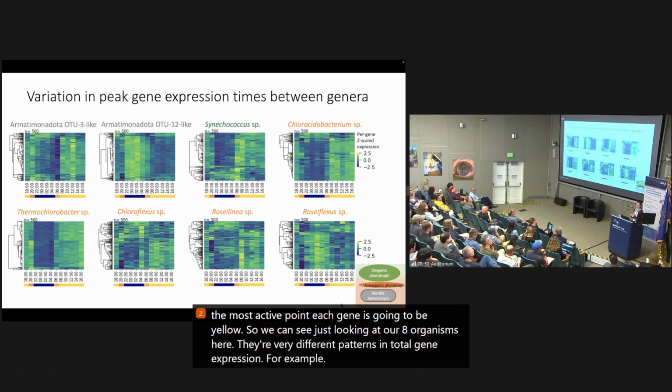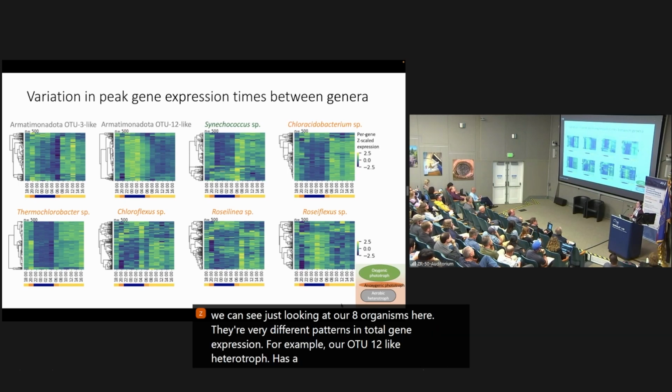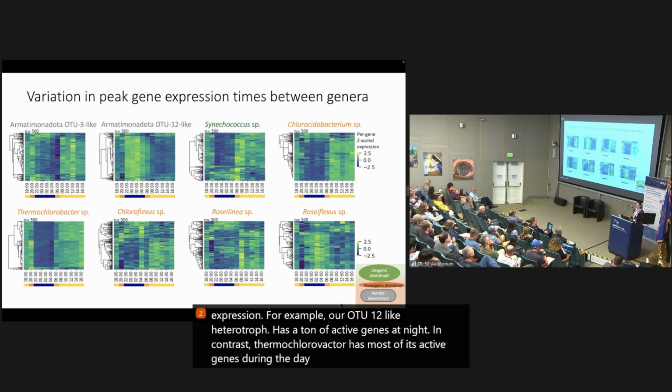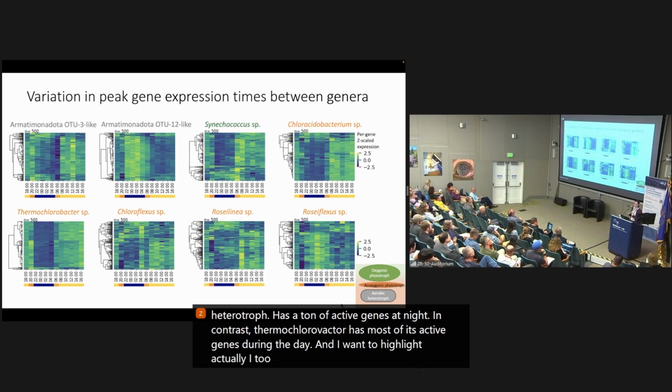For example, our OTU12-like heterotroph has a ton of active genes at night. In contrast, Thermochlorobacter has most of its active genes during the day. I want to highlight our 2 Armatimonadota, in that they seem to have very different patterns in peak expression.